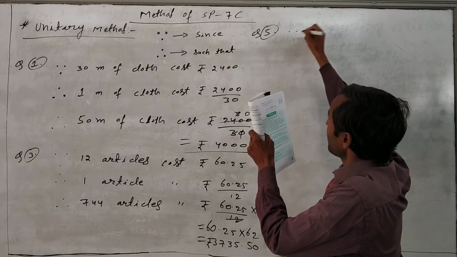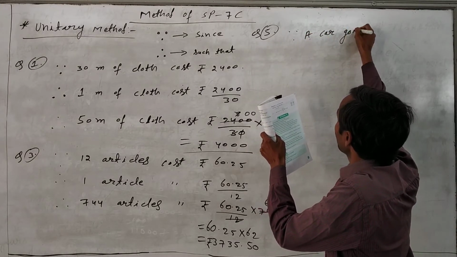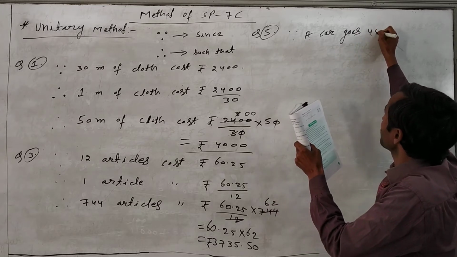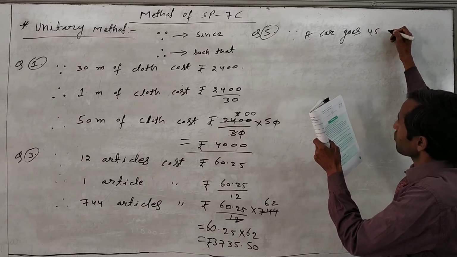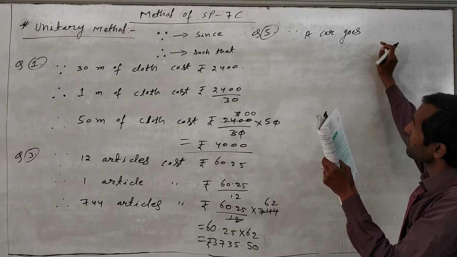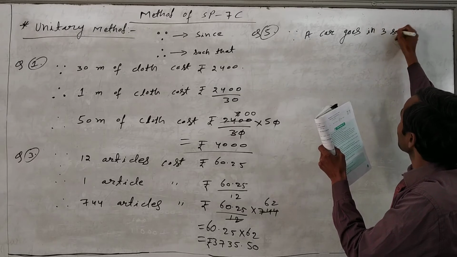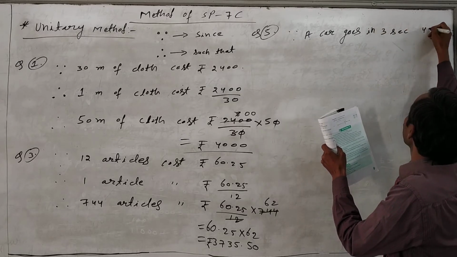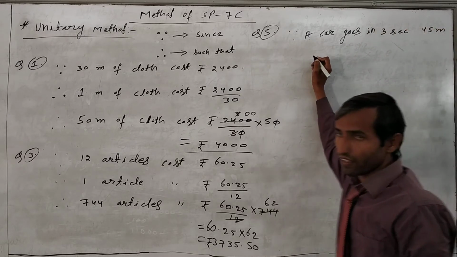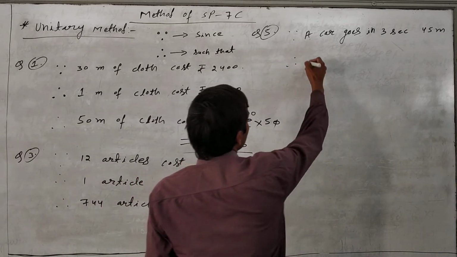Since the car goes 45 meters, we have to find the distance here. So we can write it like this: a car goes in 3 seconds 45 meters distance. Now we have to find for 1 second, so in this case we will divide.